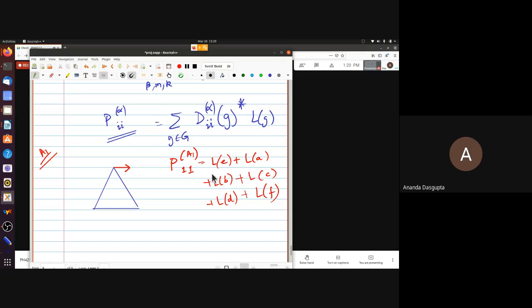Done. So let's see what this projection operator will do to this red vector. What happens to it when you apply L_E? It stays the same. You don't even need any mathematics for this, just pictures are enough. This is the vector A. A reflection about A is this one. So when L_A acts on this red vector, it gives you this vector, right? So this is L_E acting on A, this is L_E acting on B, this is L_A acting on B. This was what we called B, right?